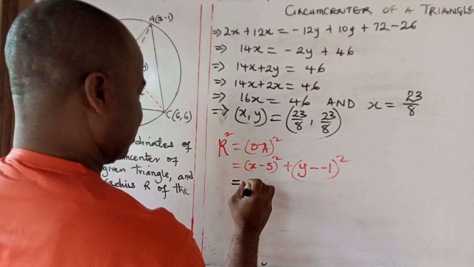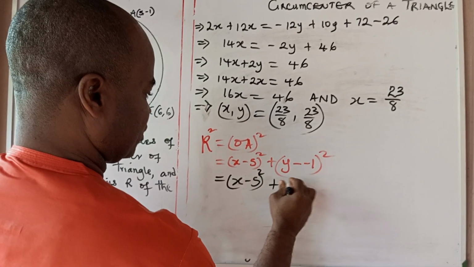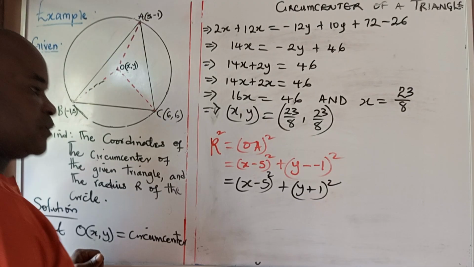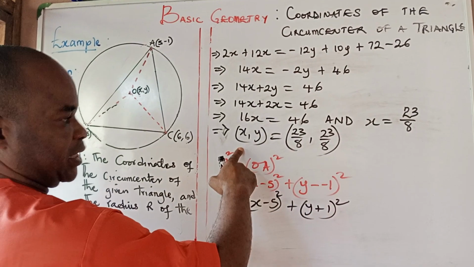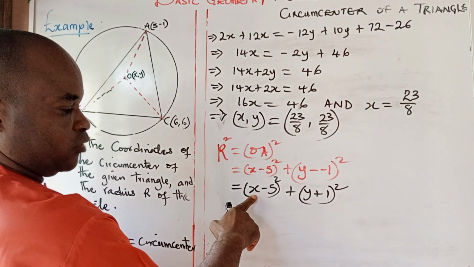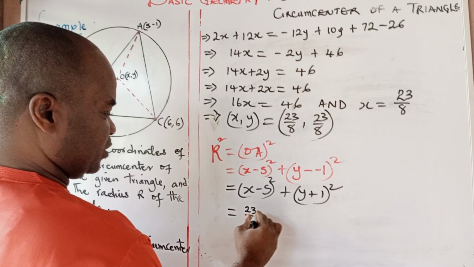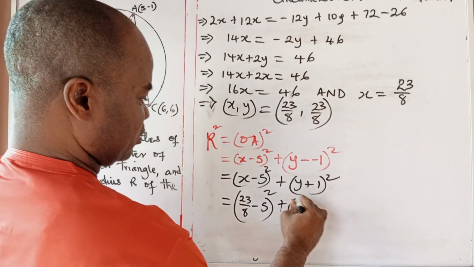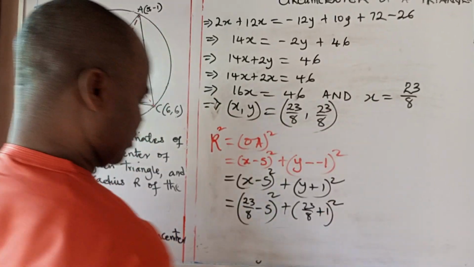And this would be the same thing as saying x minus 5 all squared plus y plus 1 all squared. And since x and y are both equal to 23 over 8, we can plug in 23 over 8 here, so that we have 23 over 8 minus 5 all squared plus 23 over 8 plus 1 all squared.